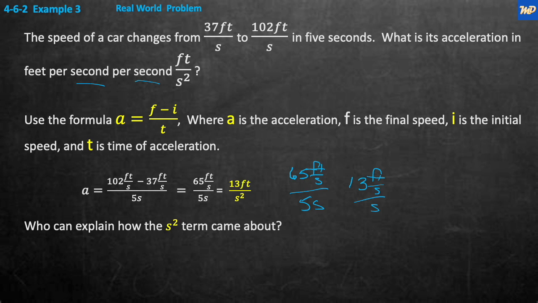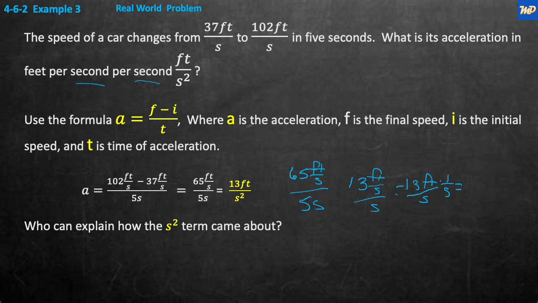So now to get rid of this second in the denominator, you multiply by the inverse, and that gives you 13 feet times 1 over seconds, because it's feet per second, and we inverted the bottom one, so it ends up being 1 over seconds.